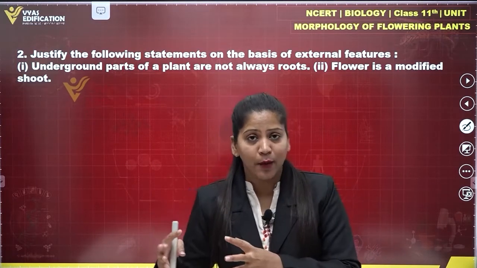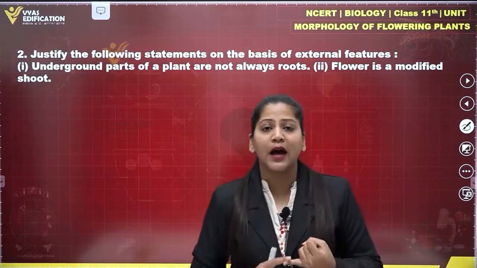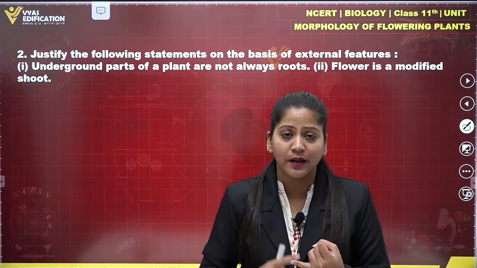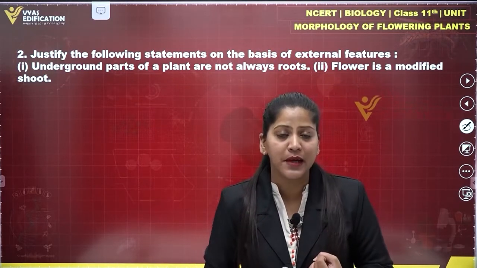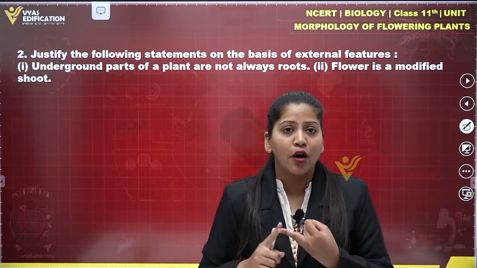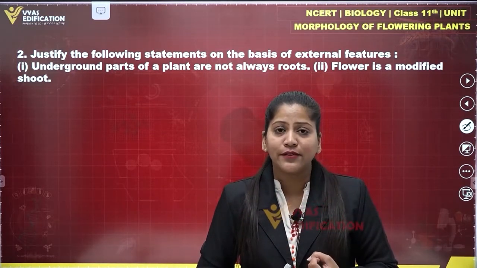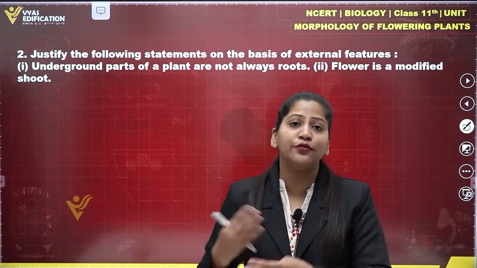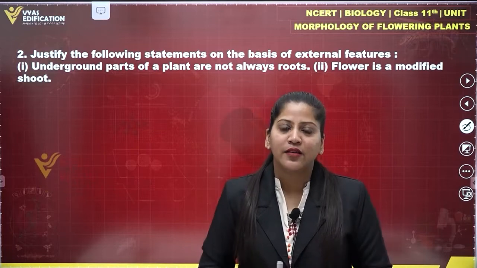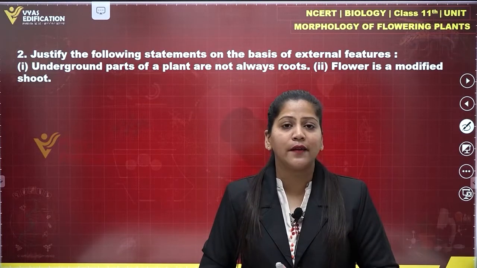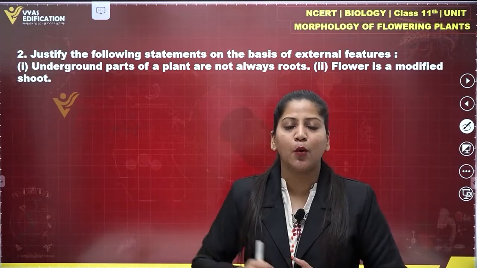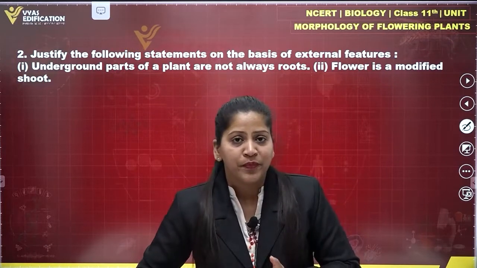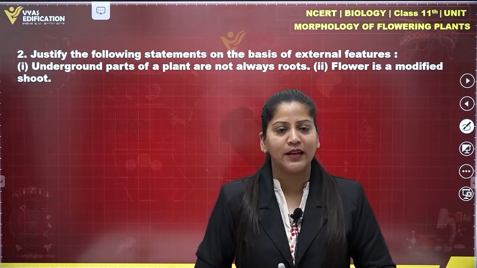So with the help of these examples, such as rhizome in banana and ginger, corm as the underground stem found in colocasia and zamikand, the tuber and eyes of potato, the fleshy leaves of onion, and the flowers placed underground forming fruits and seeds in the soil only, we clearly justify statement number 1: all the structures present beneath the soil are not necessarily the roots of a plant.